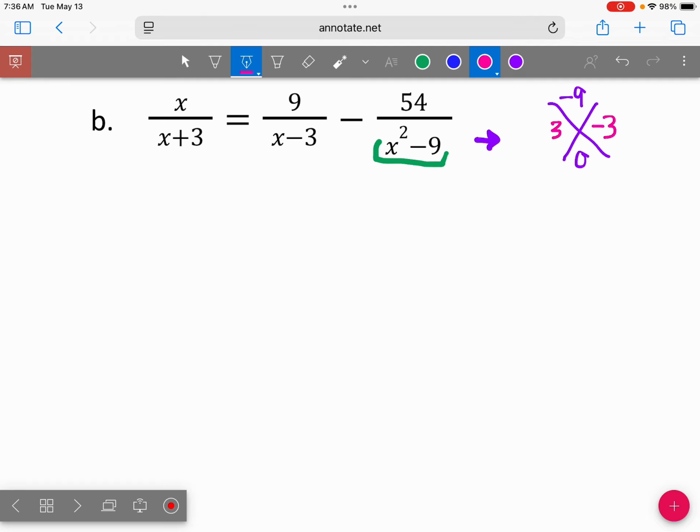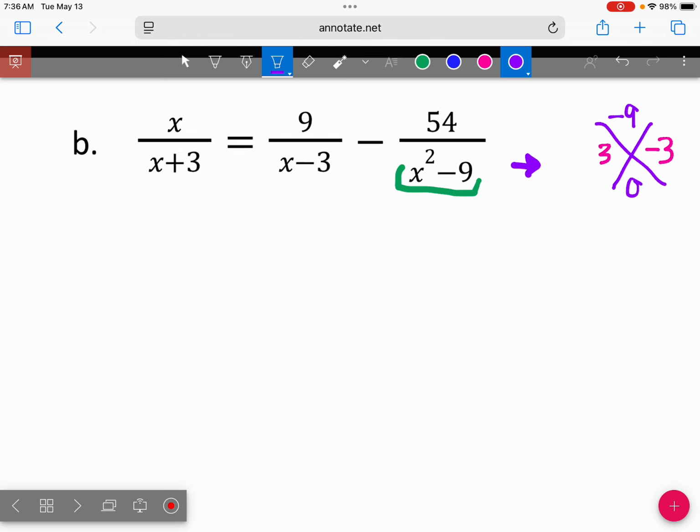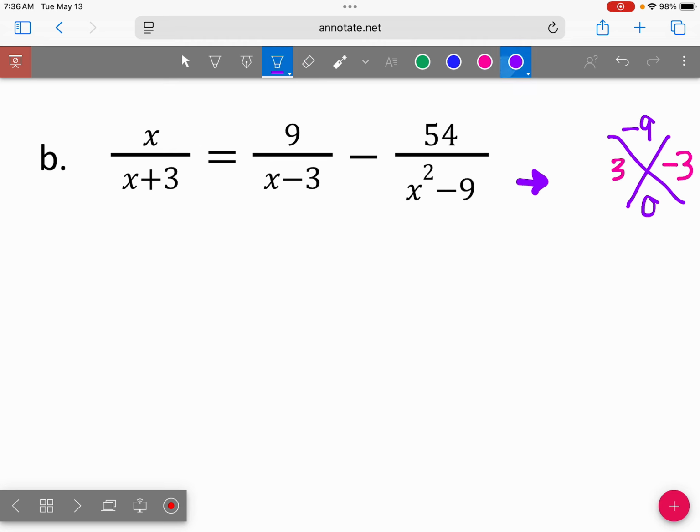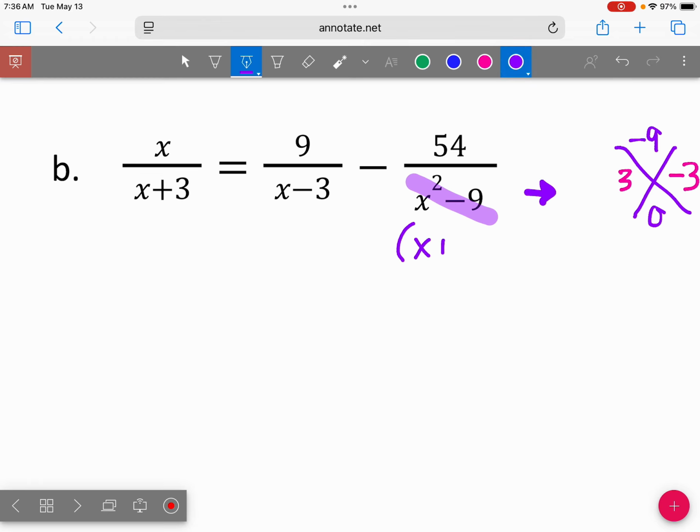We can remember the difference of squares pattern. Either way, our x squared minus 9 can be rewritten as x plus 3 and x minus 3.